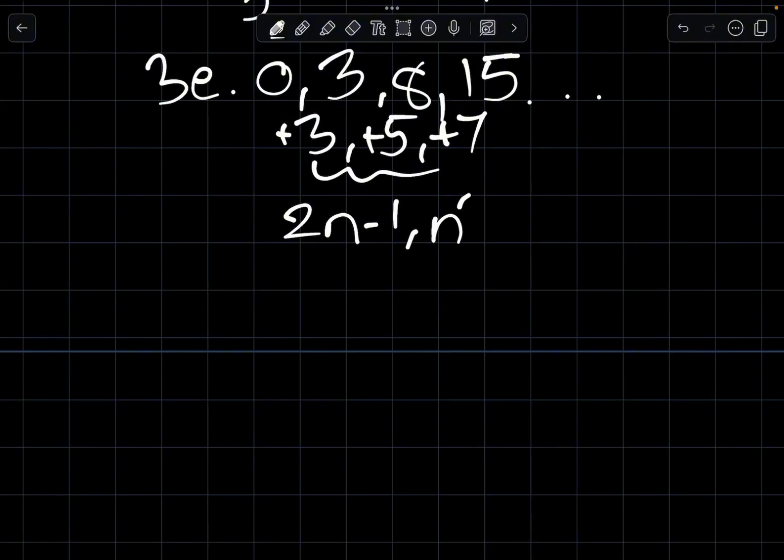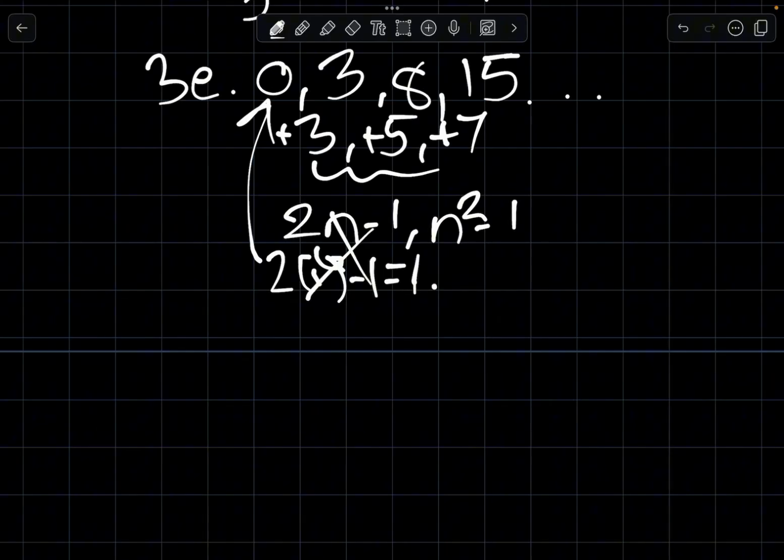We also have n squared minus 1. So let's look through both of these. When we plug in 1 into this equation right here, we get 2 times 1 minus 1, and that's going to end up equaling 1. But our first term is 0, so this does not work. Onto the second equation, if we plug in 1 here, we get 1 squared minus 1.